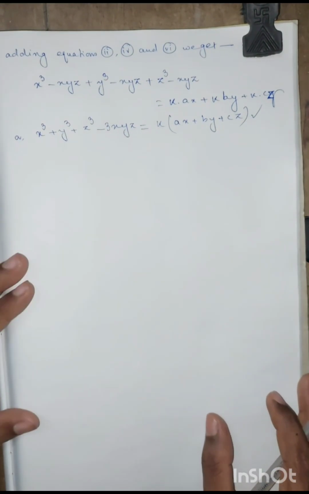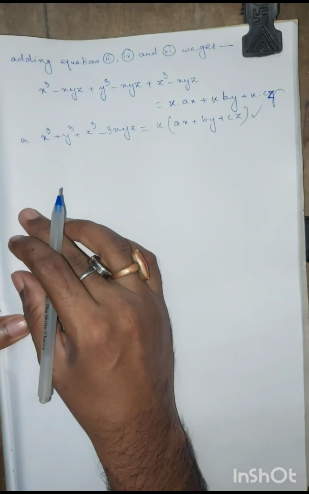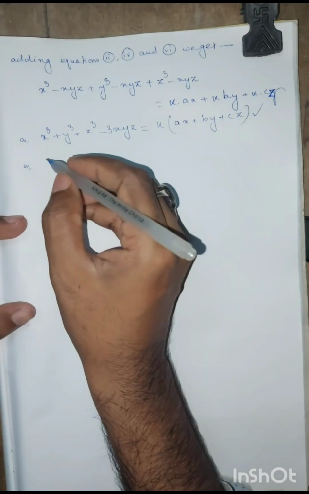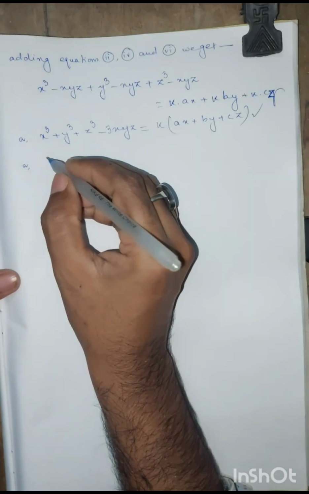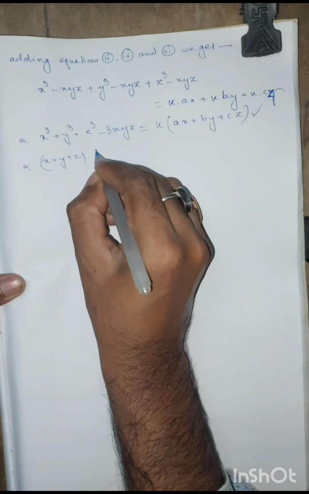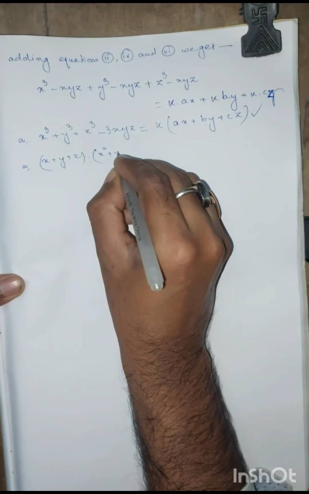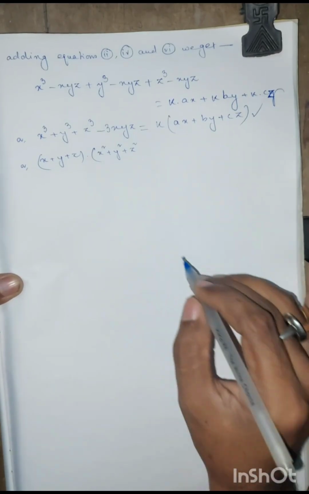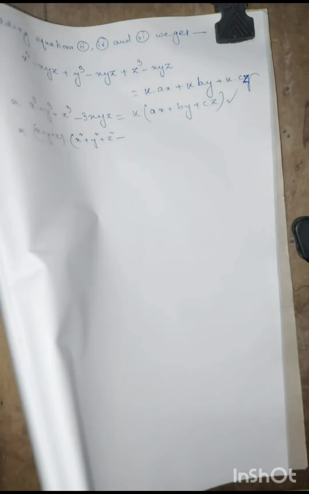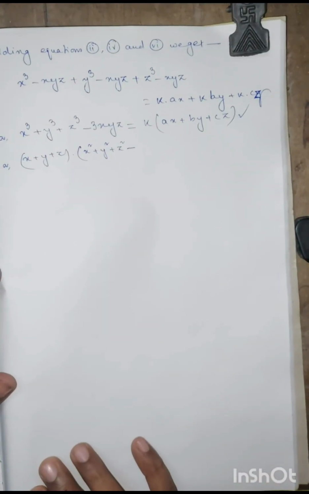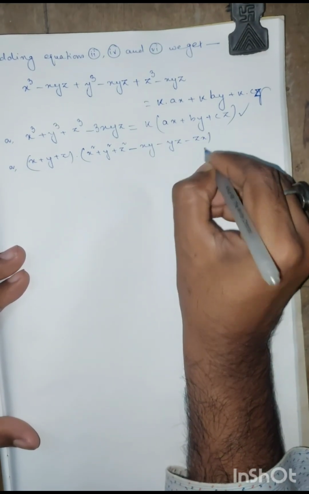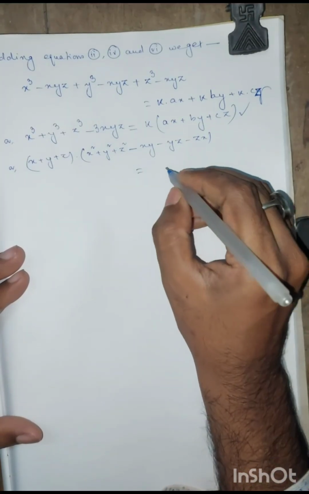Now we know that x cube plus y cube plus z cube minus 3xyz can be written as (x plus y plus z) into (x square plus y square plus z square minus xy minus yz minus zx). We know this formula, right?